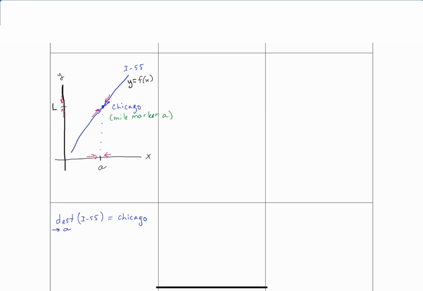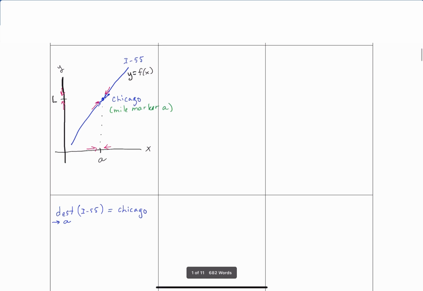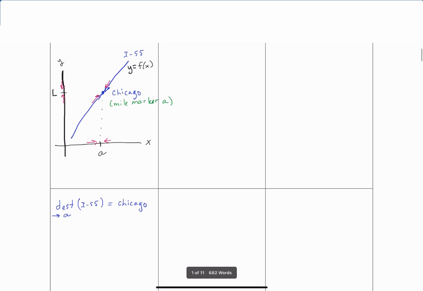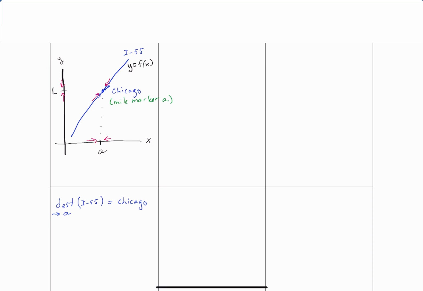Let's now rephrase the whole destination idea in terms of the math we just introduced. And remember, the new name for destination is going to be limit.